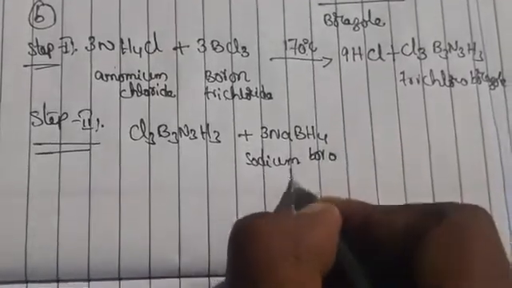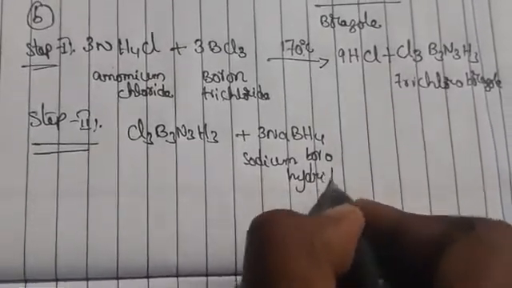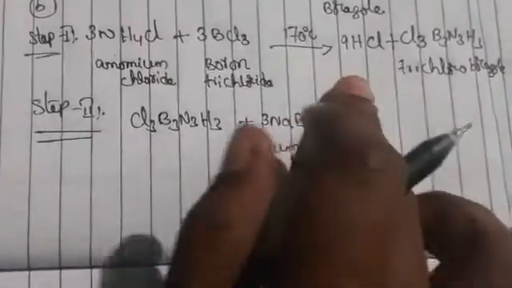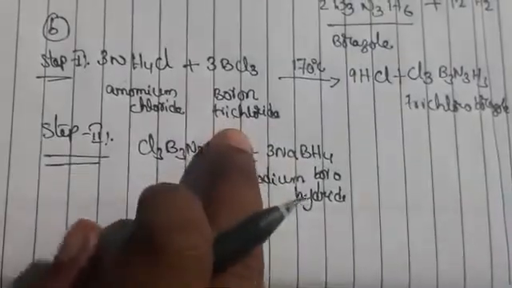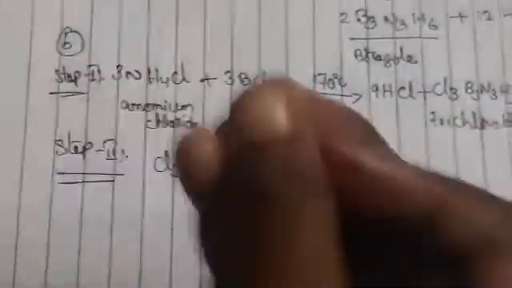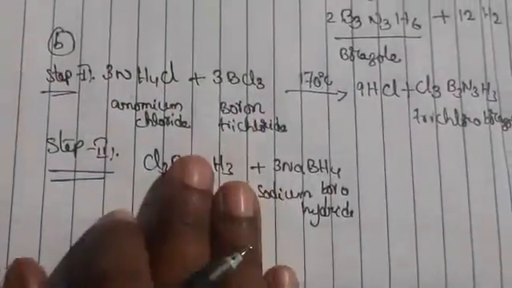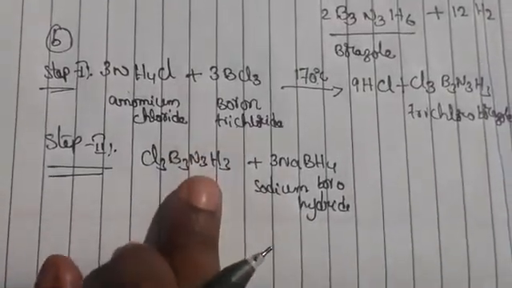When it is formed, it forms needle-shaped crystals. We get a 35% yield.